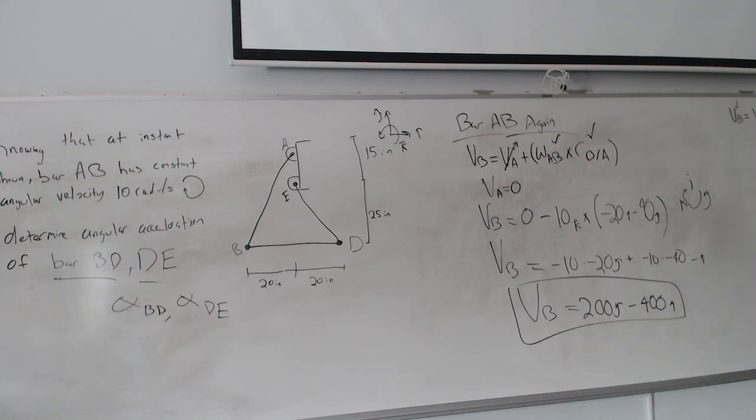So the position vector is D with respect to E. So at this point, it's still 2 equations and 2 unknowns, but I'm going to do something that I haven't done before yet.